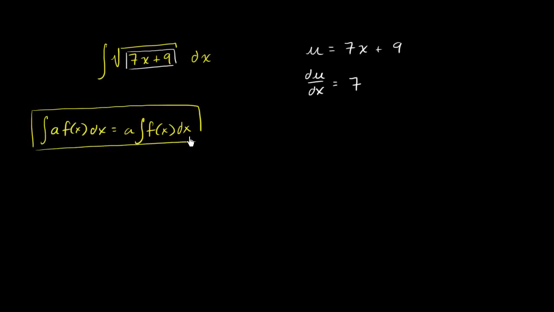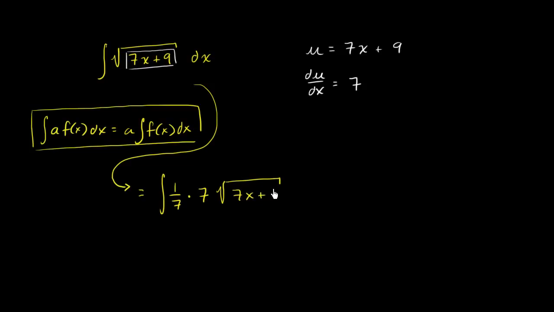So with that in mind, can we multiply and divide by something that will have a 7 showing up? Well, we can multiply and divide by 7. So imagine doing this. Let's rewrite our original integral as equal to the integral of 1/7 times 7 times the square root of 7x plus 9 dx.